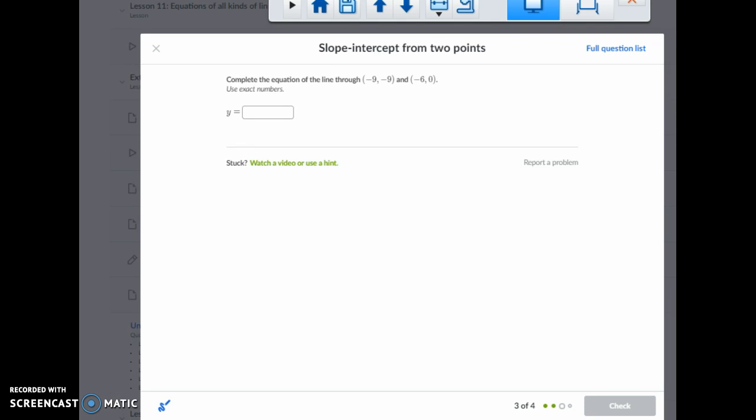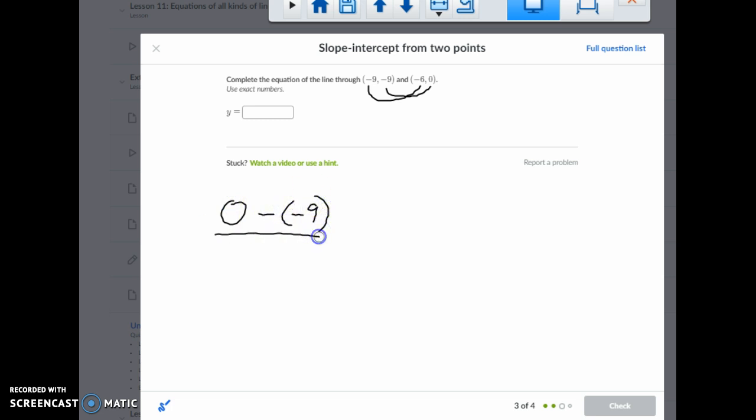Okay, the next one, we have a couple of steps here. So we have our change in y over our change in x. So the first thing we have to do is find the slope. So we're going to go 0 minus -9 to find our slope.